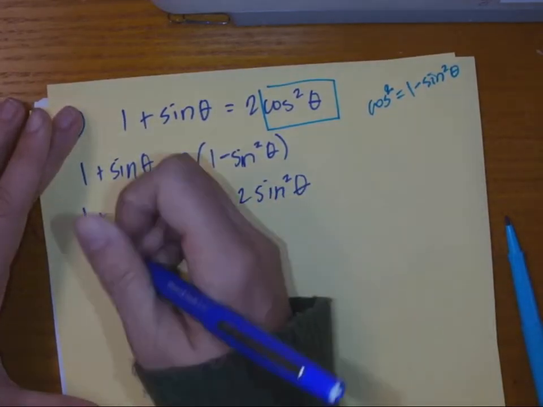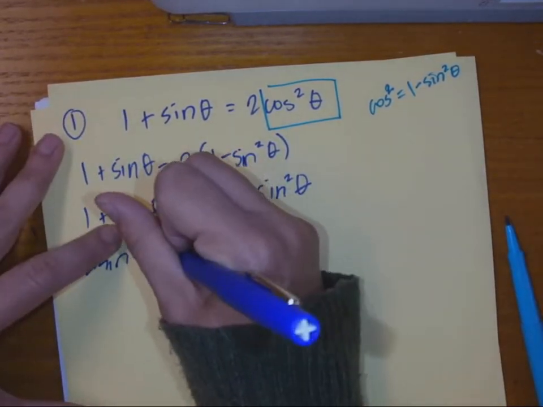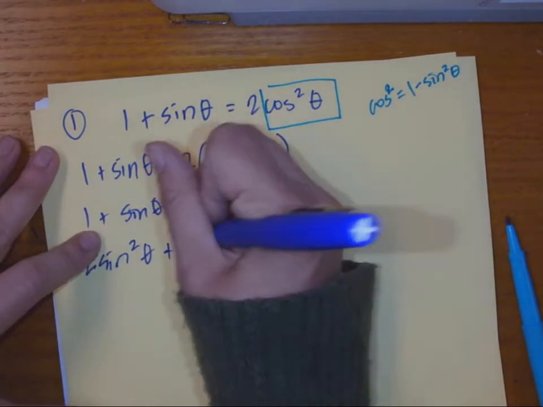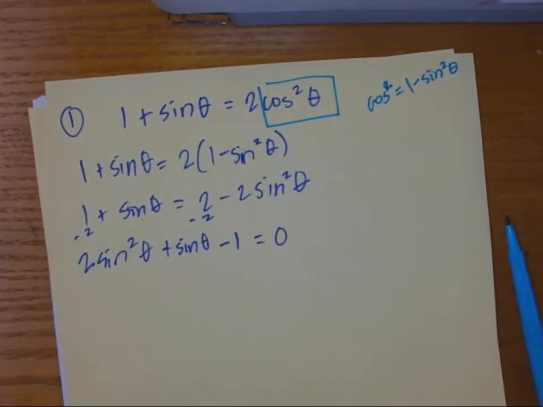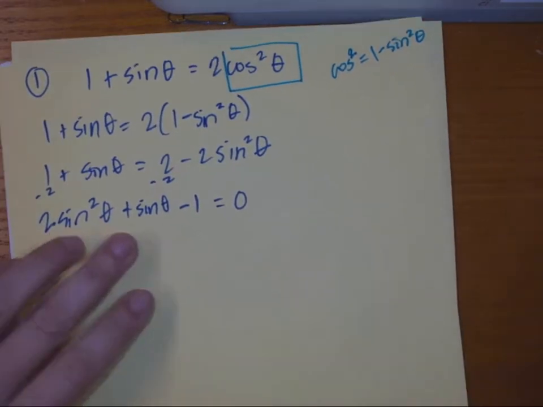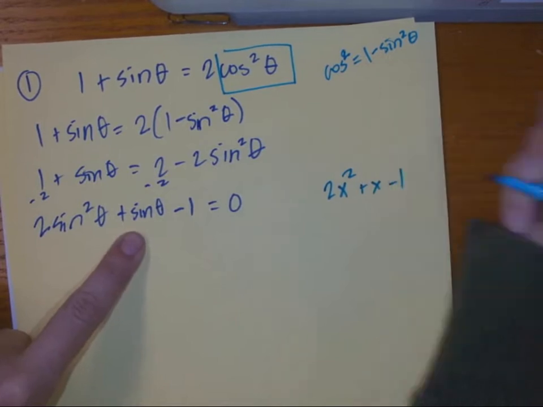So if I move this over, I get positive 2 sine squared theta plus sine theta, and then subtract 2, I get minus 1 equals 0. So essentially this is similar to an equation like 2x squared plus x minus 1.